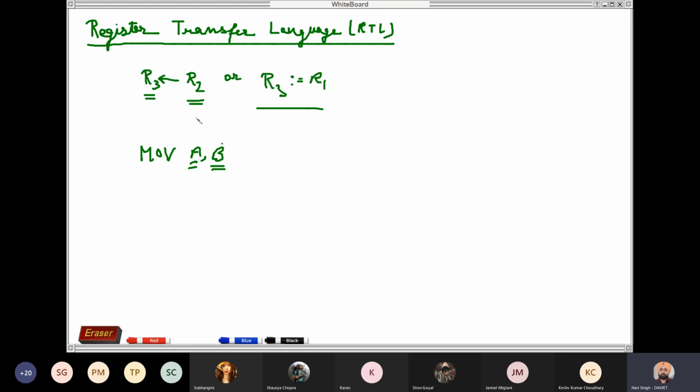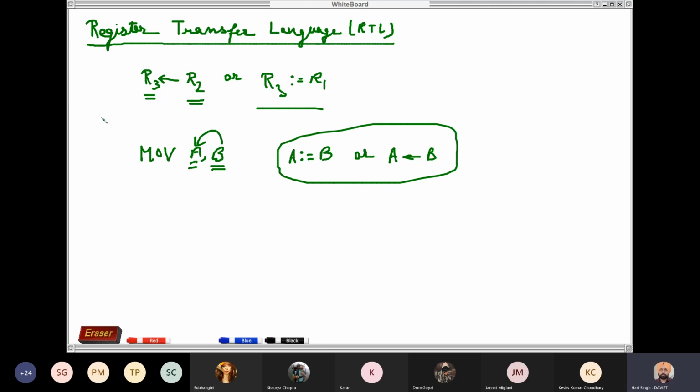So it indicates transfer of data from register B to A. In RTL notation, this instruction can be represented as A colon equal to B, or an arrow from B to A. So this is the RTL representation of the instruction MOV A, B.